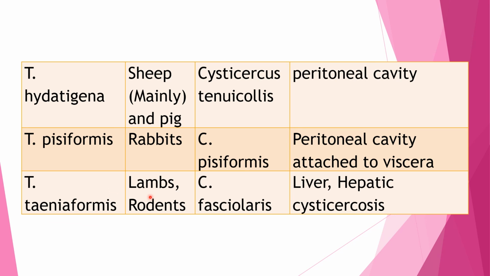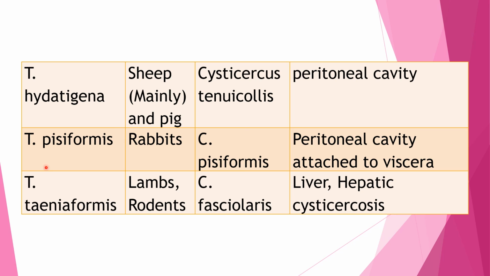Intermediate host, lambs and rodents. Name of the cyst, Cysticercus fasciolaris. The cyst is observed in the liver, and the name of the disease is hepatic cysticercosis.